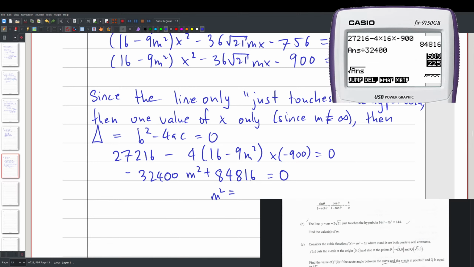The square root of 3240 is like 180, right? So it's a nice number. Then this is just a not nice number though. It's highly sus.